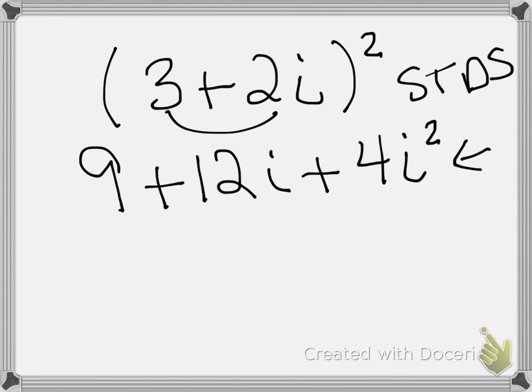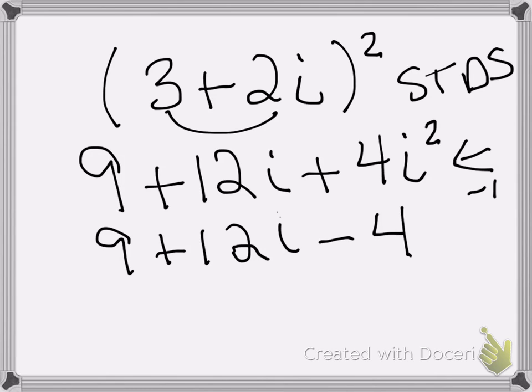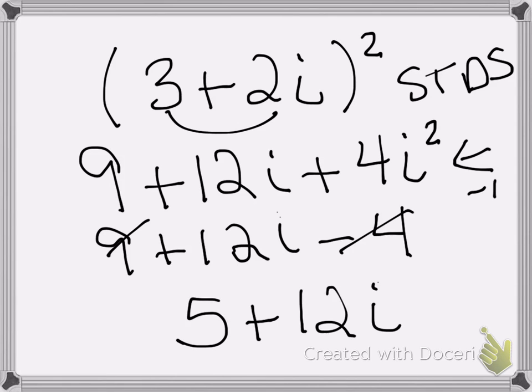Again, we've got to replace that with a negative 1. So that's 9 plus 12i minus 4, because the i squared was replaced with a negative 1, and negative 1 times 4 is negative 4. Now when you put that together, the 9 and the negative 4 come out as 5 plus 12i. And then you're in standard form. It's a plus bi, and that's your answer.